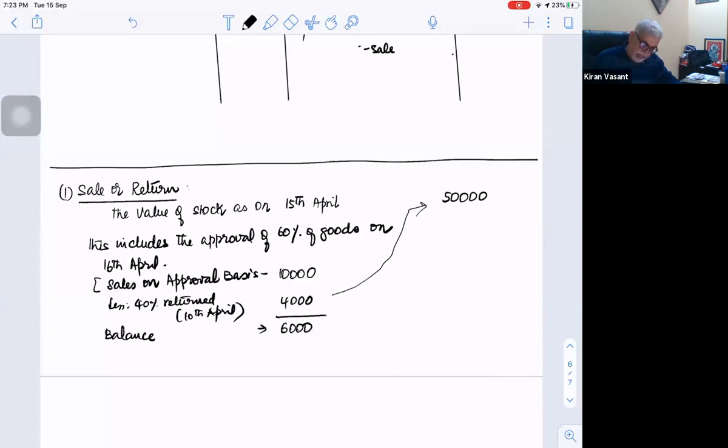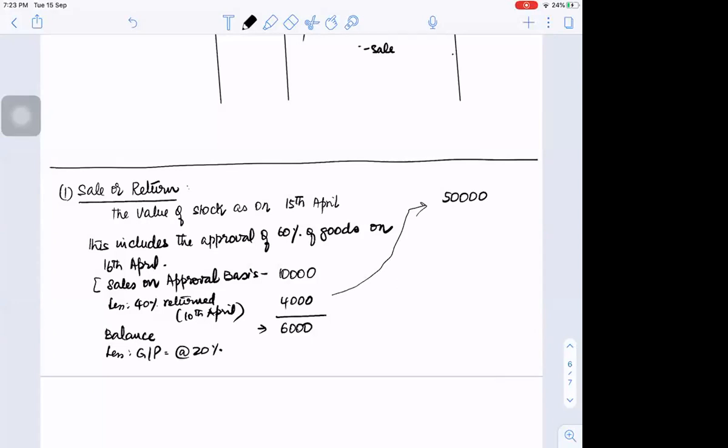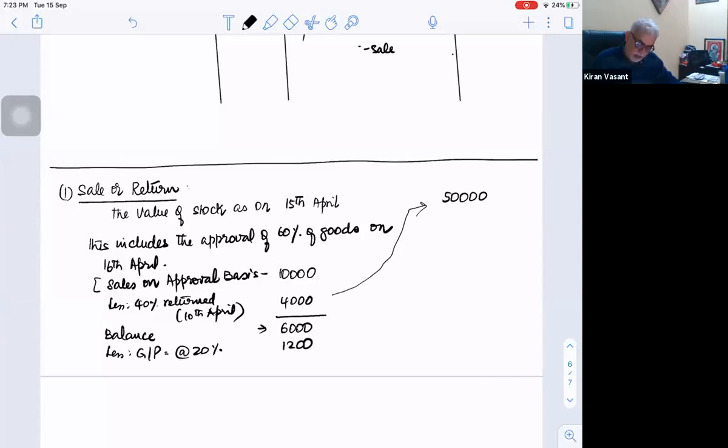Balance is 6,000 less gross profit. What is the gross profit? 20%. So 1,200. So 4,800 should be included in stock.